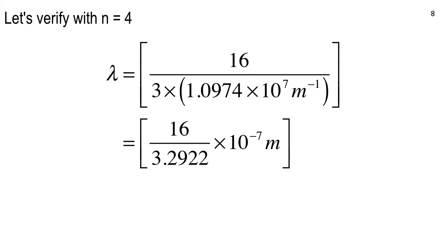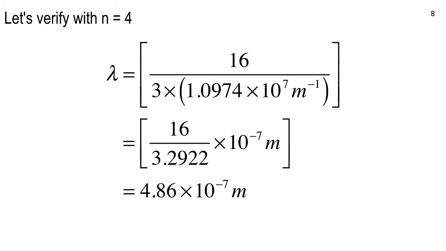Now, 16 divided by that, 3.2922, that's 4.86. And by the way, 10 to the 7 in the denominator is 10 to the minus 7 in the numerator. And meters to the minus 1 in the denominator is now meters to the regular 1, or just meters, in the numerator. So we're looking good.